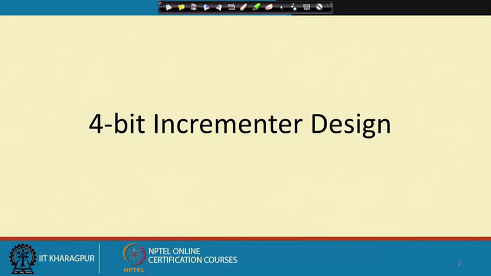The first is that I need to design one 4-bit incrementer, that is, increment by 1. I need a circuit which, whenever I put in a number, gives me just plus 1.